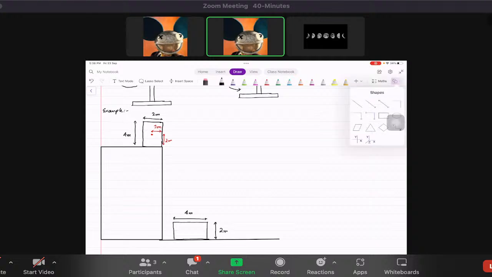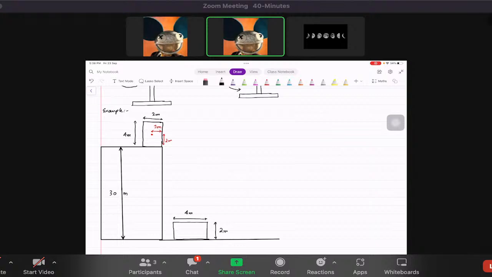They have given the height of this place as 3 meters. Is it clear? Yes. Now, not 3, my bad, 30 meters.